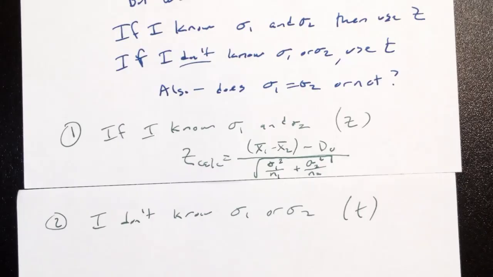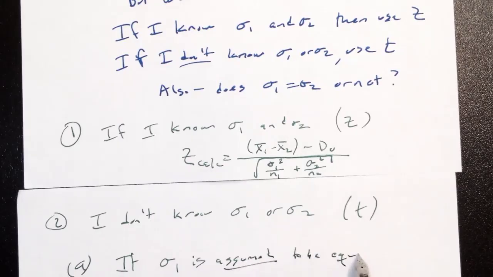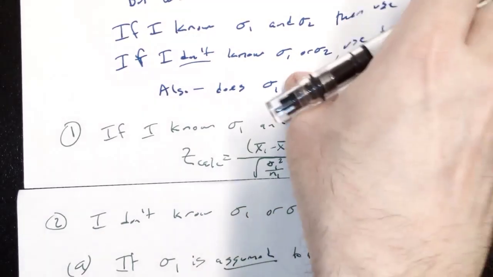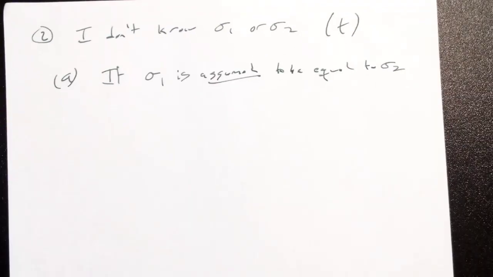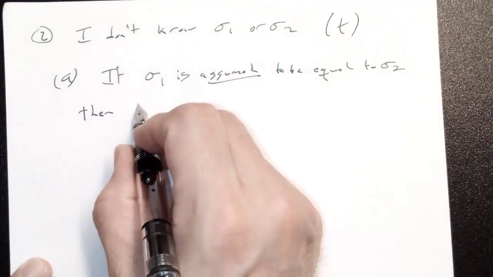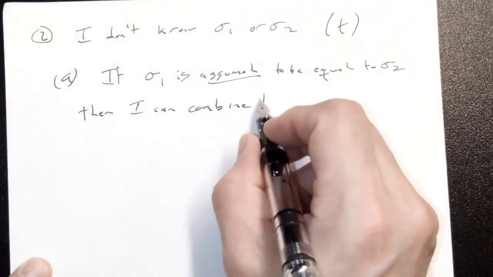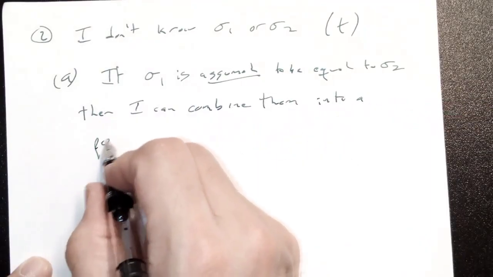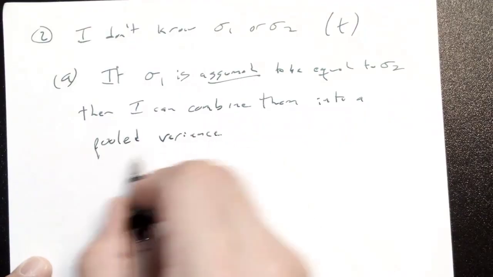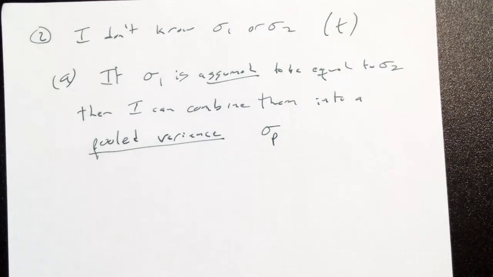If the standard deviations are the same, then I can combine them. If I assume that they are equal, then I can create what's called a pooled variance, which I'll call S, P, pooled.